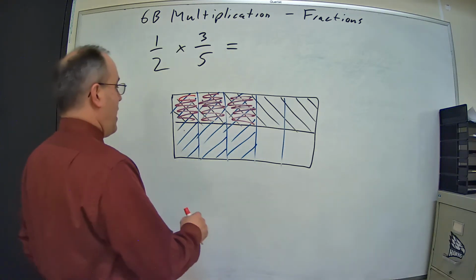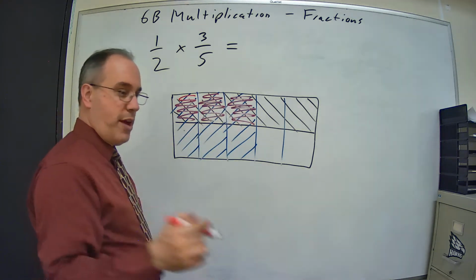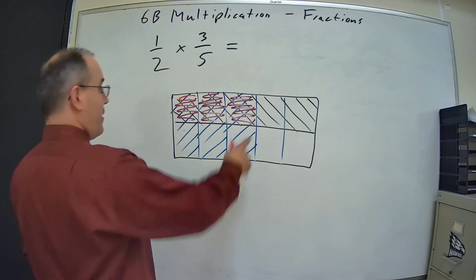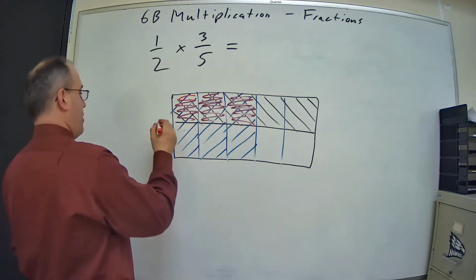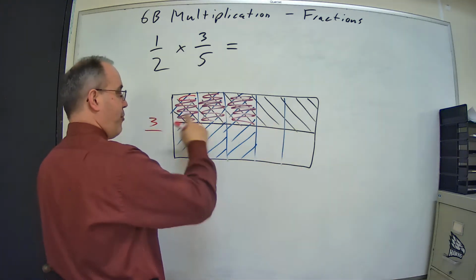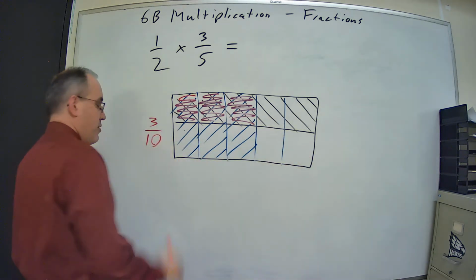Now, if I look at that, what's the colored in fraction? I see I've got 1, 2, 3 out of 10. 1, 2, 3, 4, 5, 6, 7, 8, 9, 10. So 3/10.